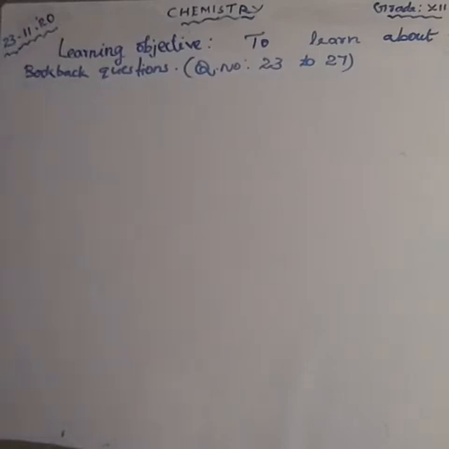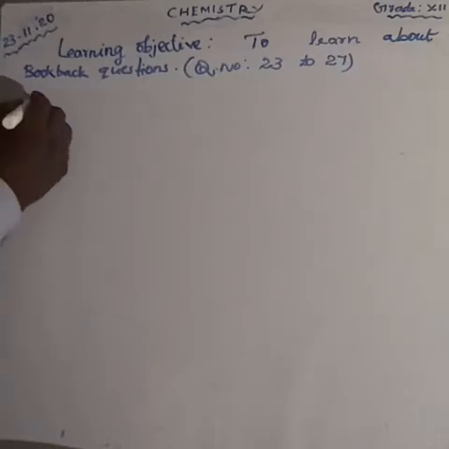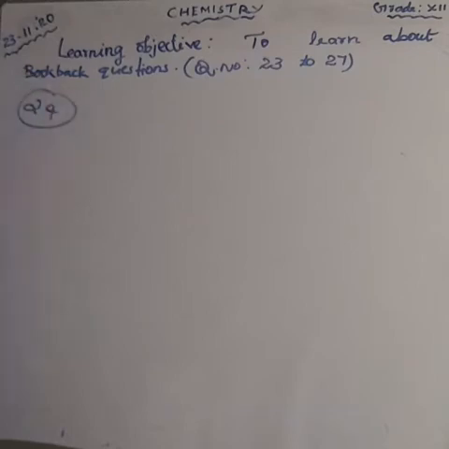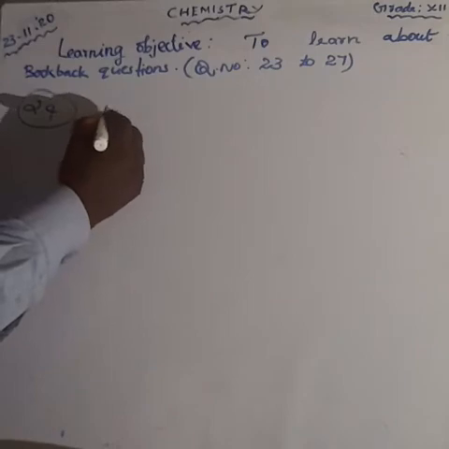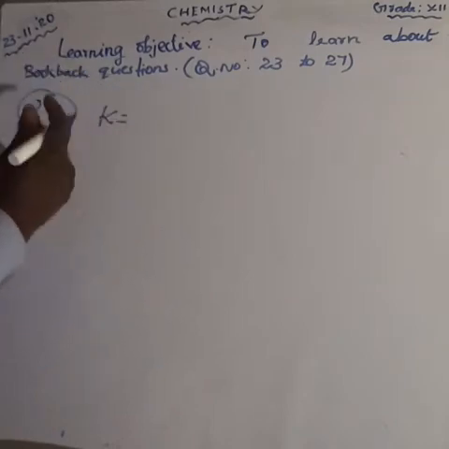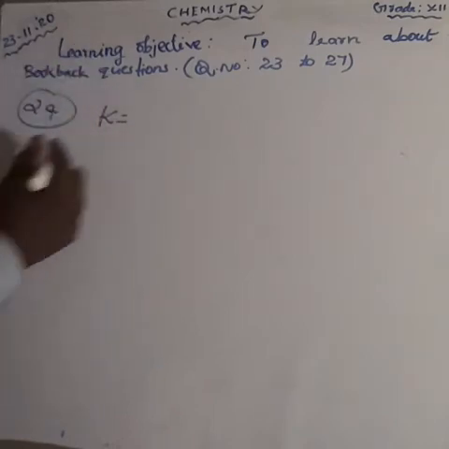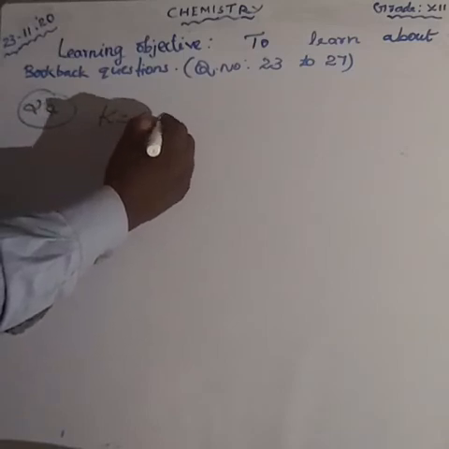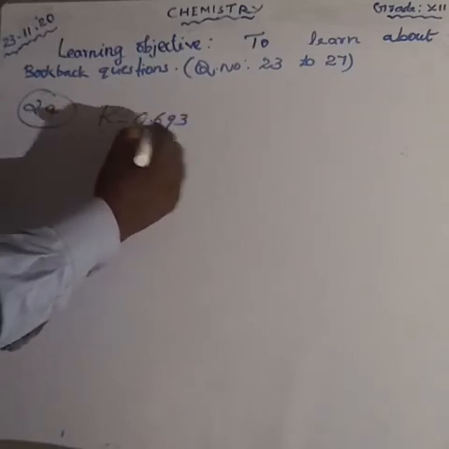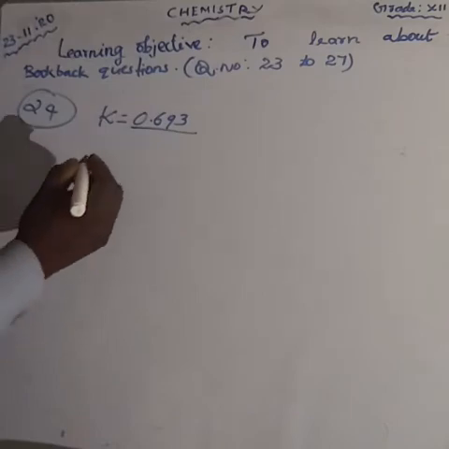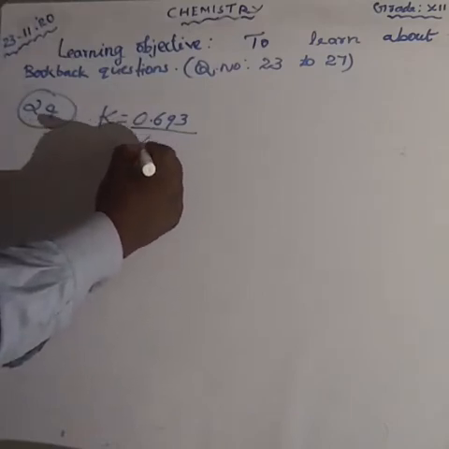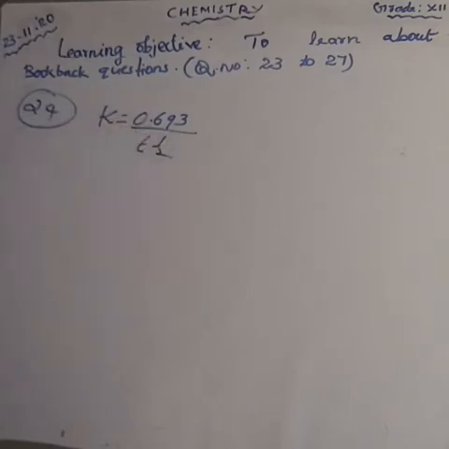For question number 24, first you write K. K is equal to, as per the formula, 0.693 divided by half-life, that is T half. This is the formula. But what are the given data?